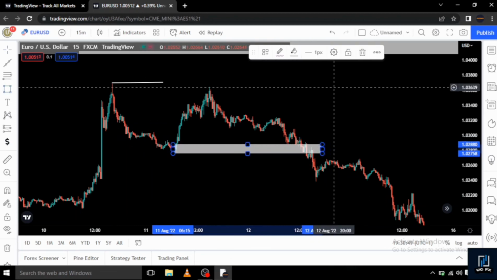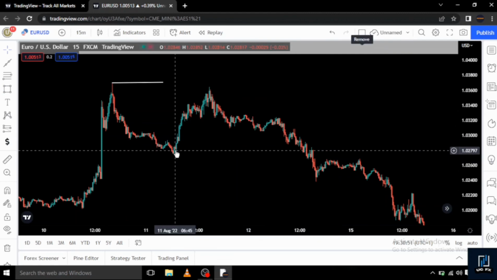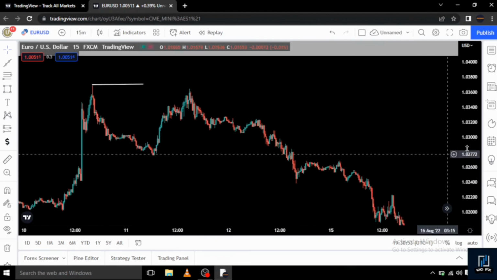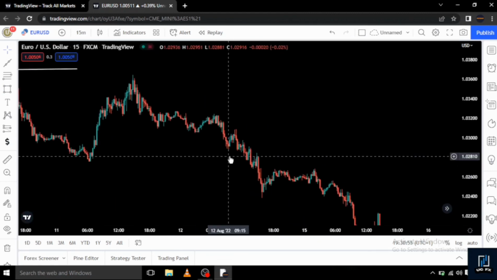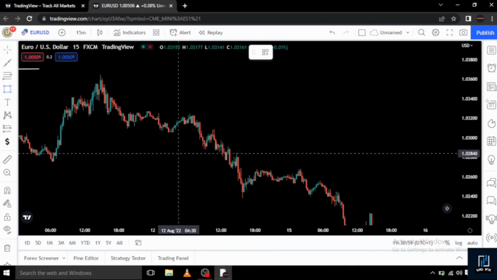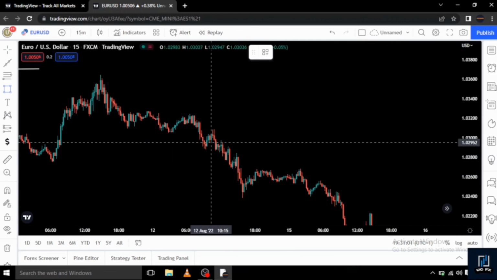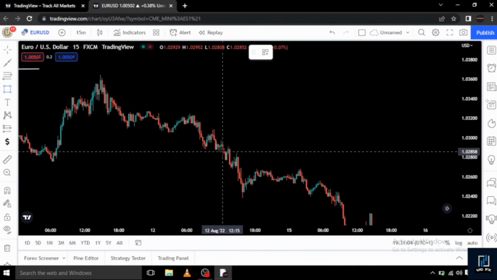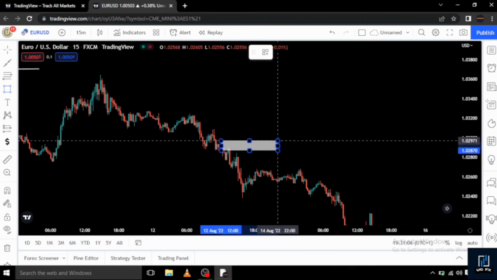So how will you be taking your entries when you have a breaker block? You need to spot out the last green candle that took out these lows, and that's where you will be taking your entries from. Looking at this, this is the last green candle that took out these lows.